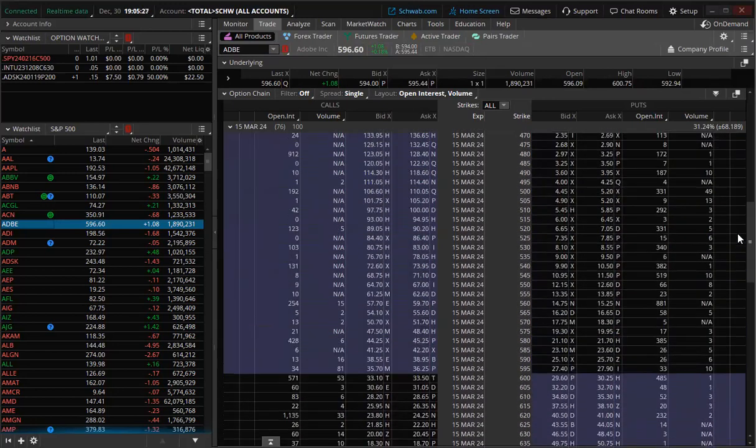I want more traders, so that the volume, which is how many of these options have traded in total, goes up.